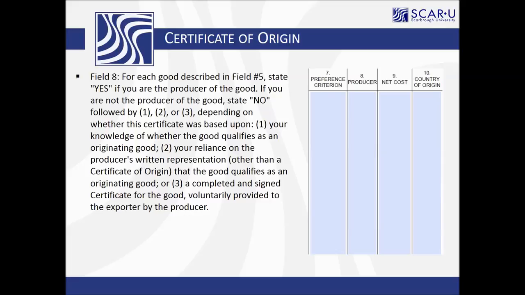If you put a 1, your knowledge of whether the good qualifies as an originating good. You used to work at the company that made these, and you know for a fact that it's qualifying goods. That's an example of a 1. There's publicly available knowledge that says this is made in the NAFTA countries. 2, your reliance on the producer's written representation, other than a certificate of origin, that the good qualifies as an originating good.